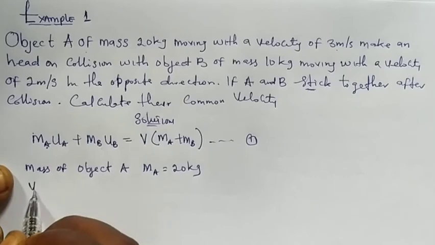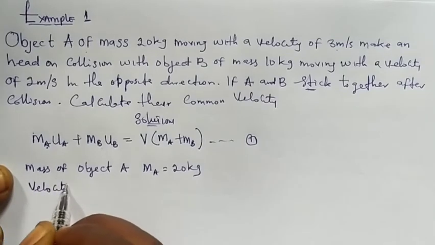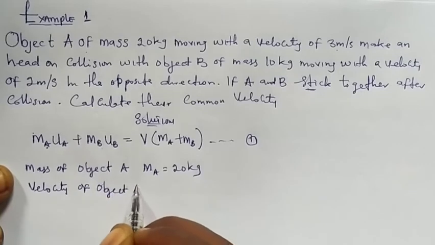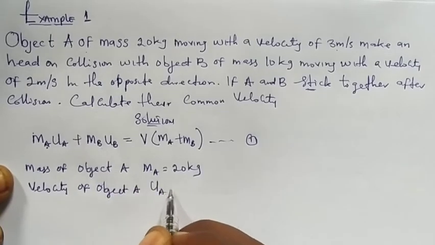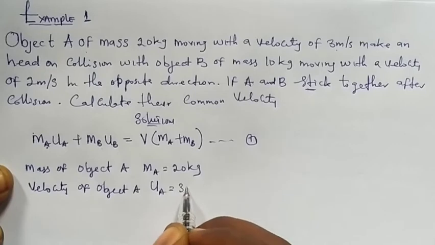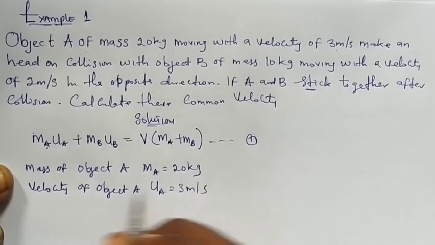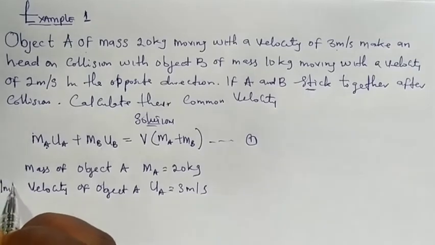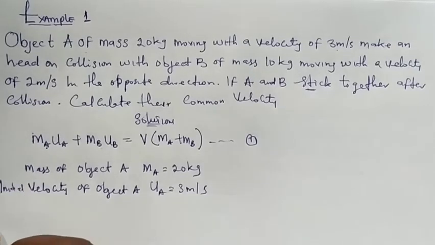So we say that the velocity of object A, that is UA, is equal to 3 meters per second. I'll call it the initial velocity.